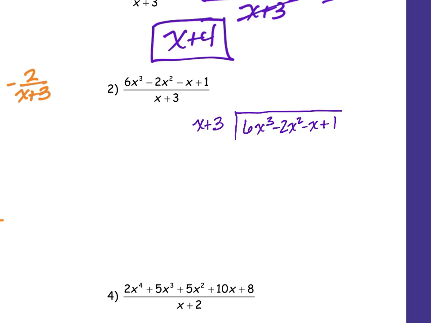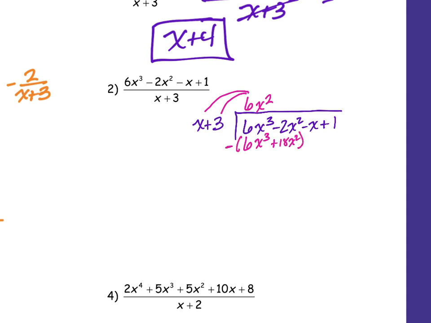So what do I multiply x by to get 6x cubed? Well, that would be 6x squared. So 6x squared times, right, I'm distributing it through both of these. So 6x squared times x is 6x cubed, and 6x squared times 3 is 18x squared.